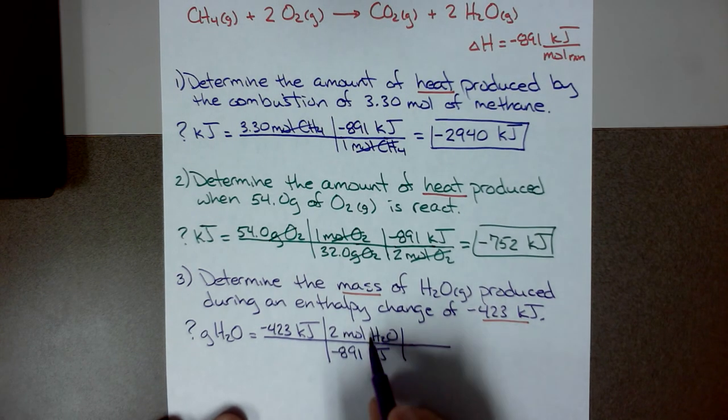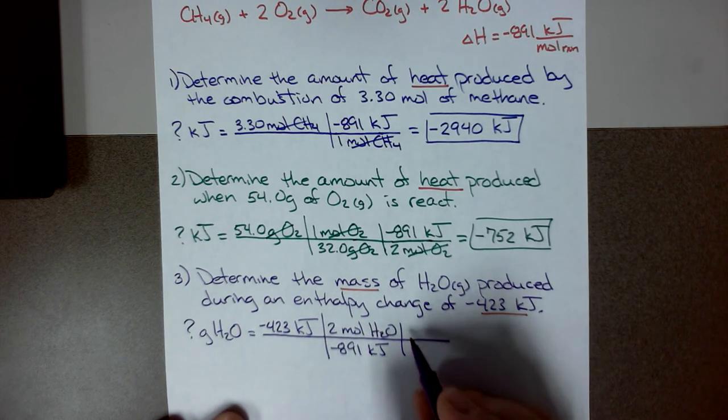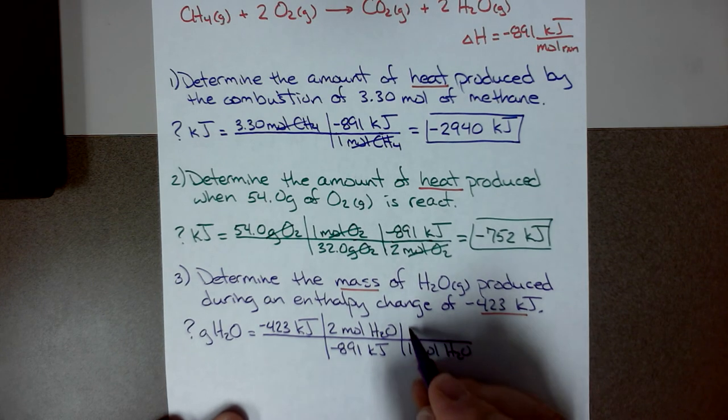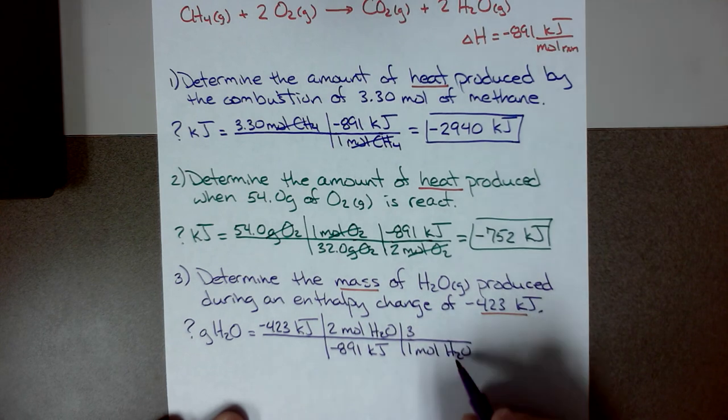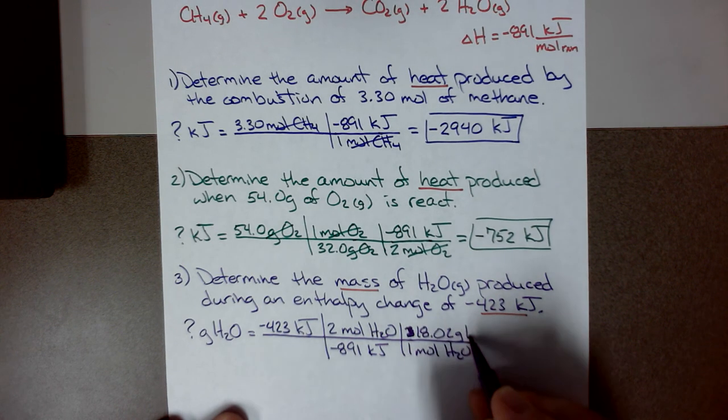Now I don't want moles of H2O, I want the mass of H2O, so that's going to be 1 mole of H2O. I put it on bottom because it's on top here. It has a mass of 16 plus 2.02 is 18.02 grams of H2O.